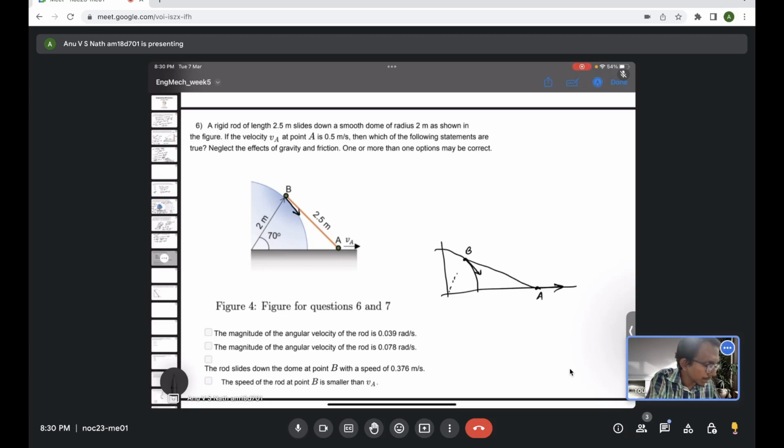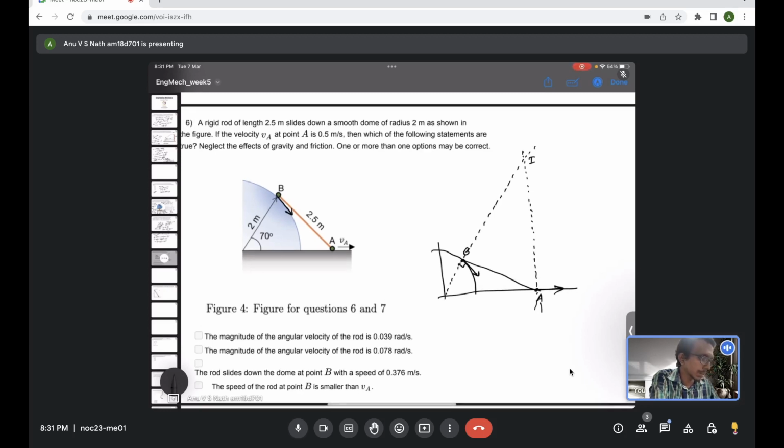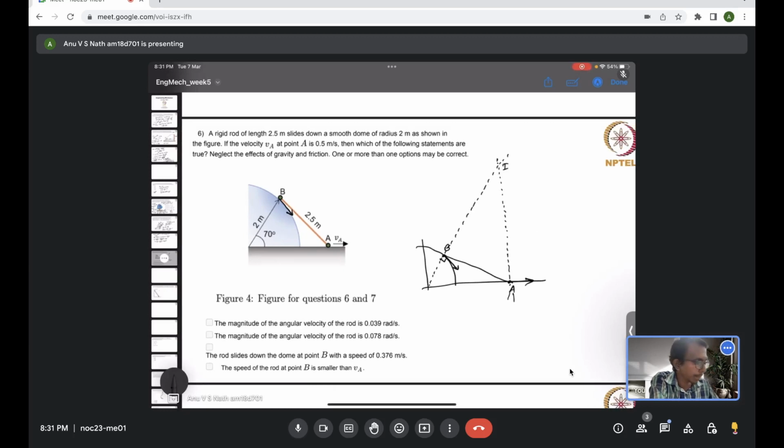Now we just need to extend the normal to the velocity vectors at both the points. They will meet at a certain point, which is the instantaneous center of the link AB, about which the link AB is rotating, a pure rotation motion about the point I.